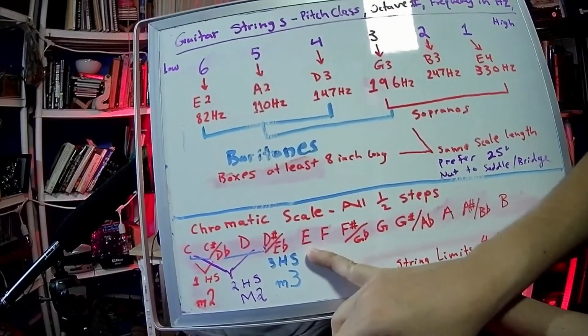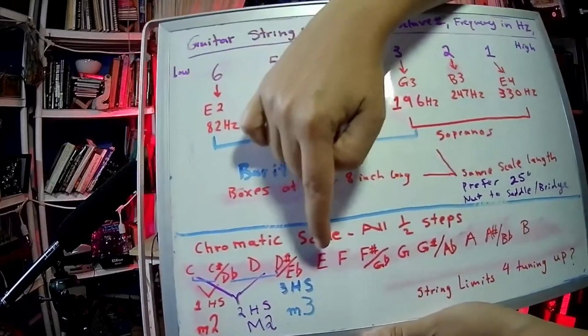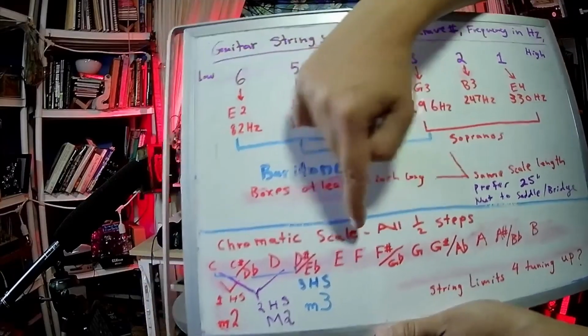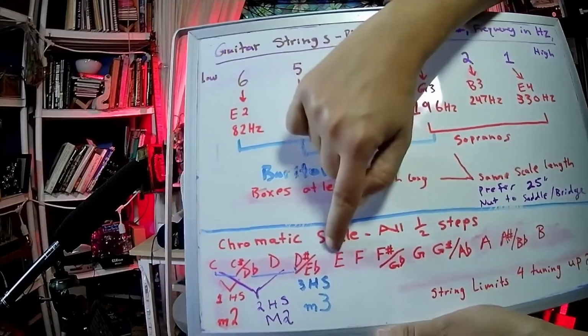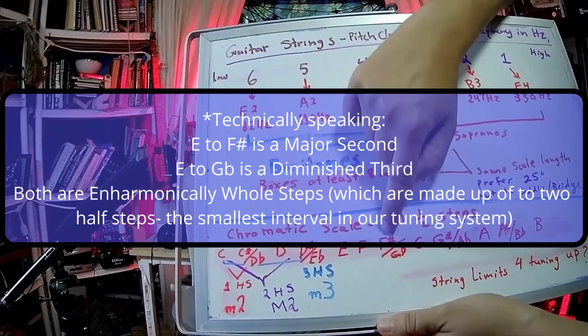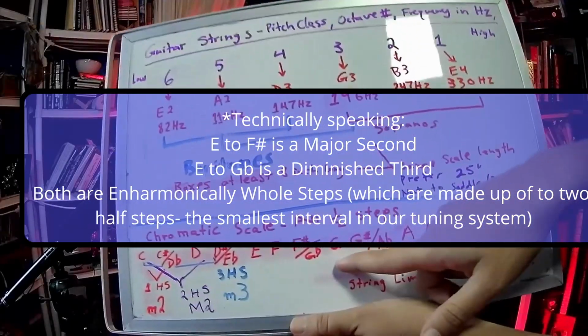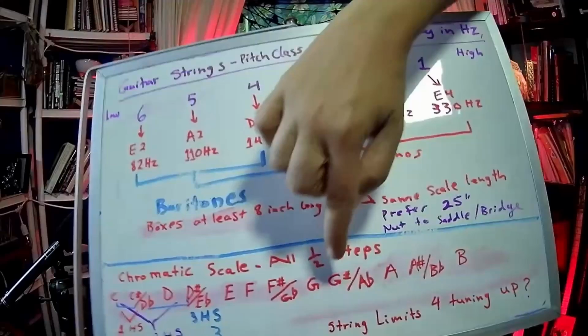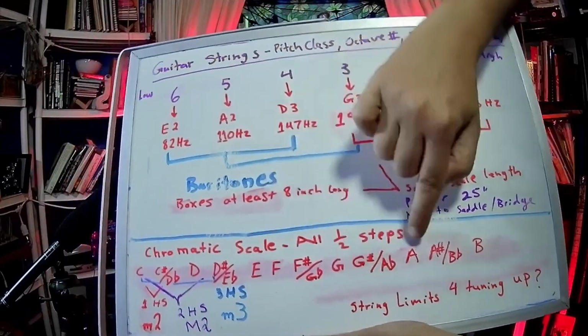Well, half step up from E is F. So I count 2 half steps up: F, F sharp. A major second above E is F sharp. What's a major second above G? I count up 2 half steps, 1, 2. A major second above G is A.